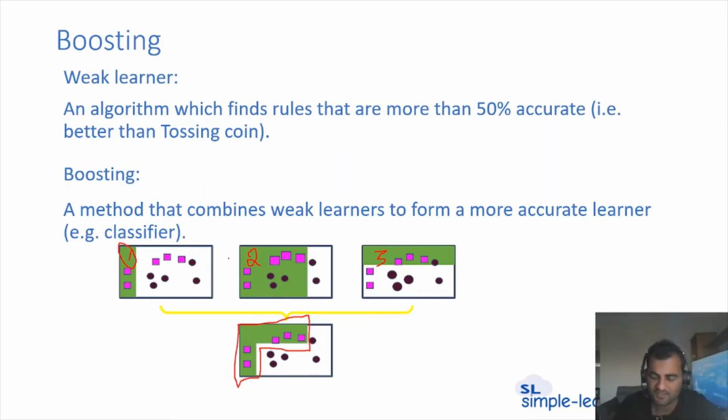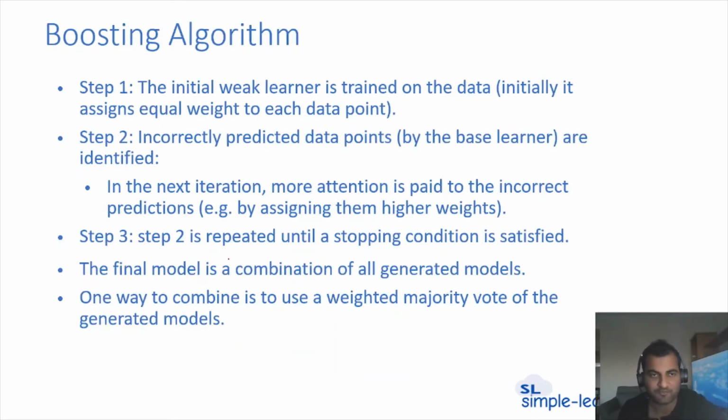This is a quick pictorial view of boosting. Then in boosting, we mainly follow three steps. Step one is about the initial weak learner being trained on the data, right?